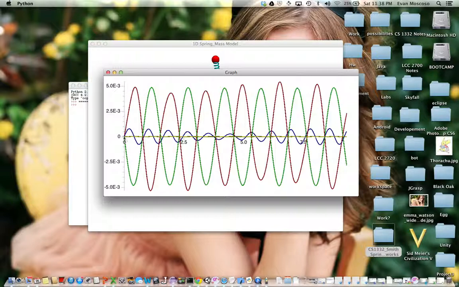The yellow line represents the total energy of the system, and seeing that it's zero consistently throughout the entire graph, it's safe to say that the energy principle does hold true for this spring mass system.